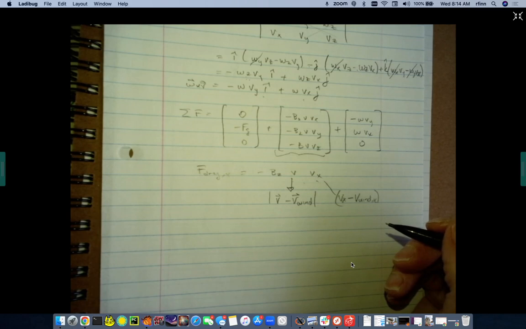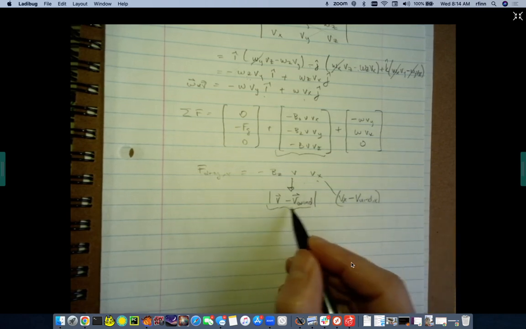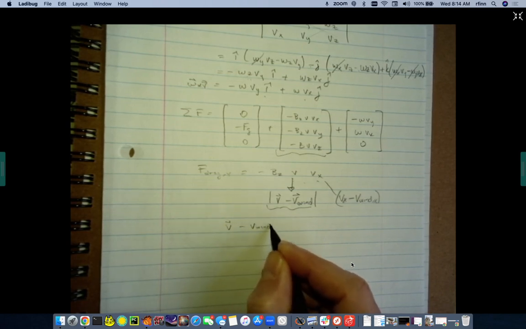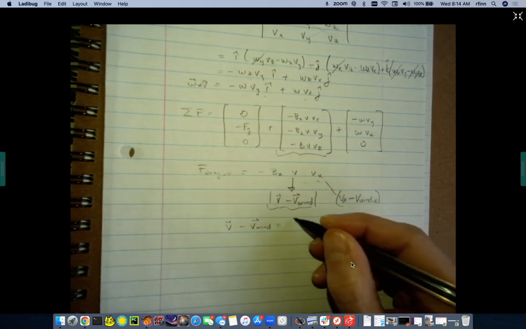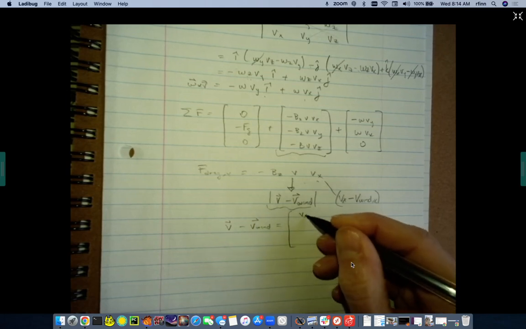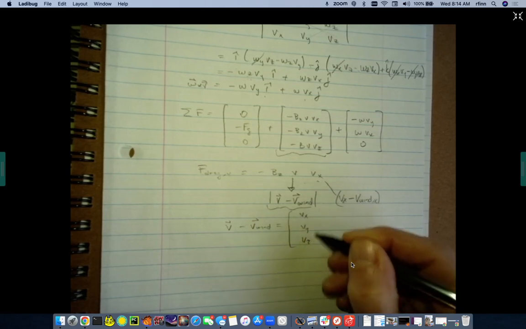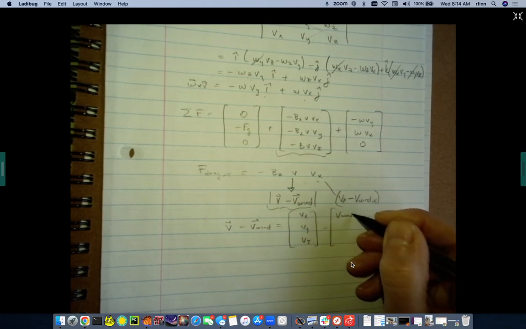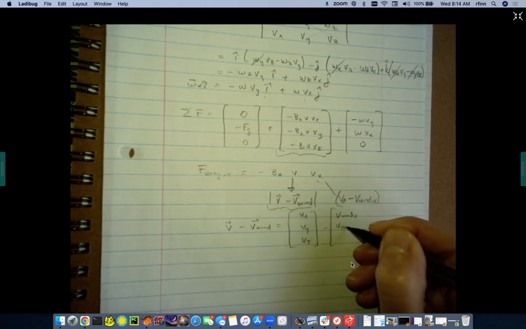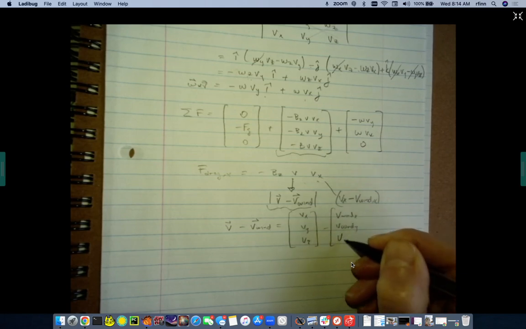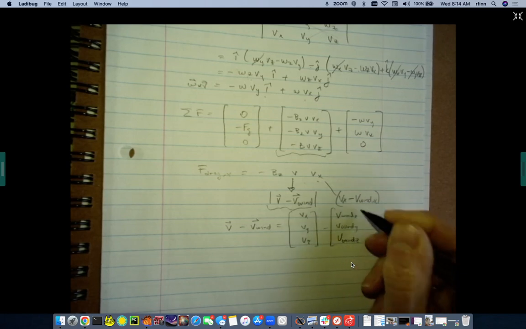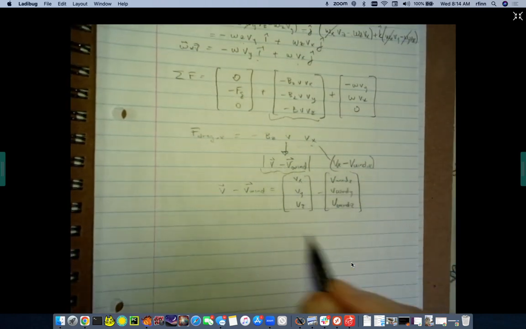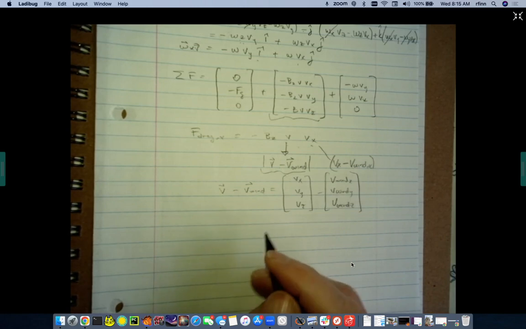So how do we calculate this? It's saying take the difference of my velocity minus my wind, so that's Vx, Vy, Vz minus V wind x, V wind y, and V wind z. And then I want to take the magnitude of it, which is the square root of x squared plus y squared plus z squared.